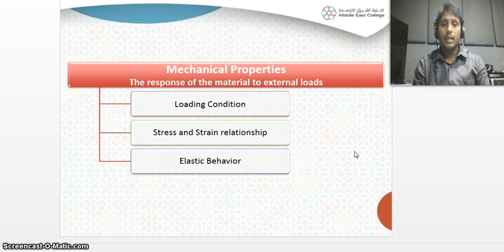Next one is elastic behavior. I think you all know what elastic behavior is. Once a load is applied on a material, it deforms, and once the load is removed, it comes back to its original position. That can be defined as elastic behavior.